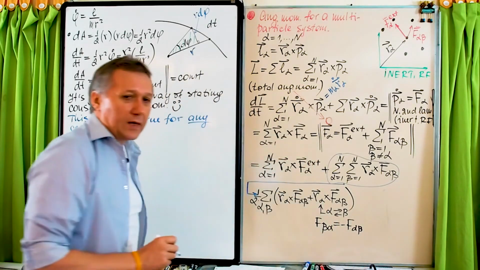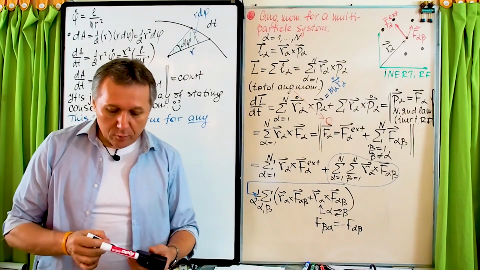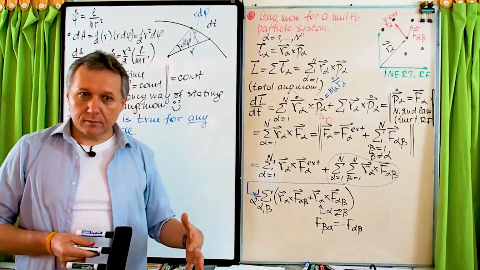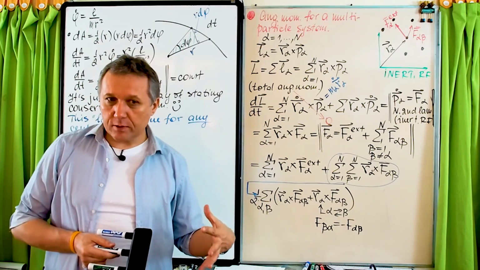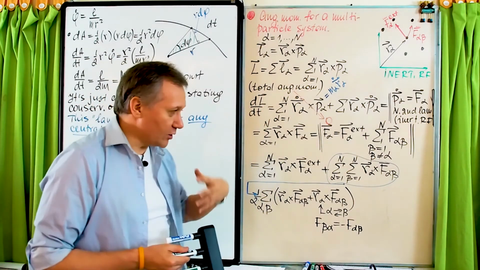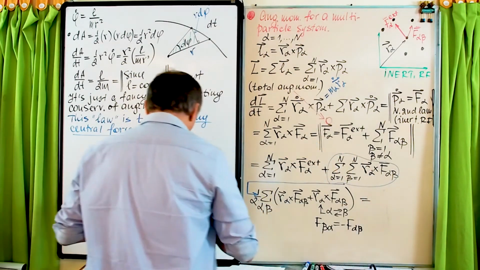We're going to make that assumption. Again, it means that our result will be limited to multi-particle systems whose internal forces obey Newton's third law. So we keep imposing additional restrictions.